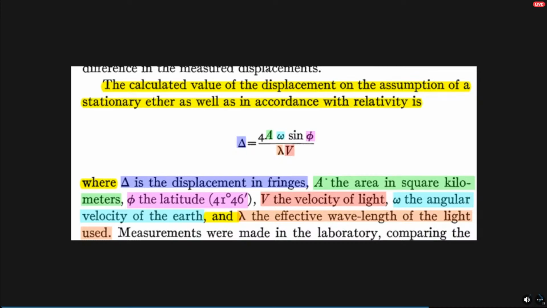But anyway, when they put in the sidereal rotation, the latitude, the wavelength of light that was used, and the speed of propagation, that fixed speed, they get a fringe displacement that corresponds to sidereal time. So no measurements of Earth's orbital component of 30 kilometers a second, but they have an angular velocity, right?